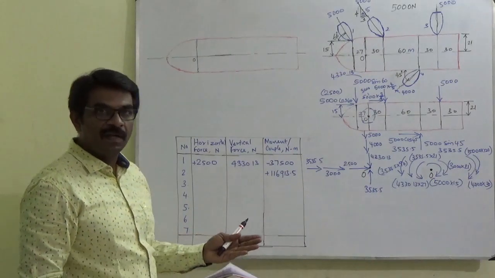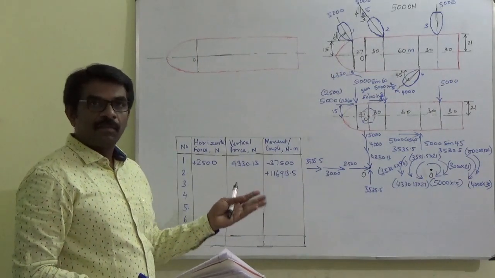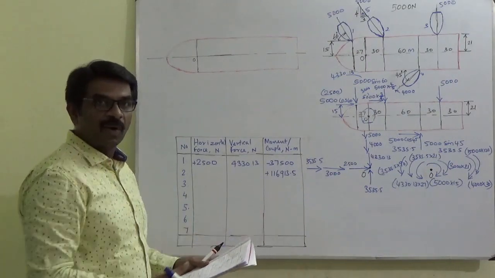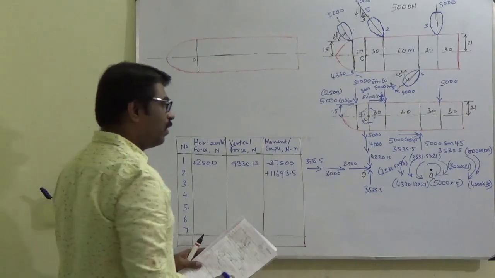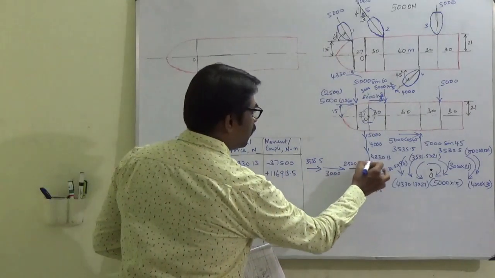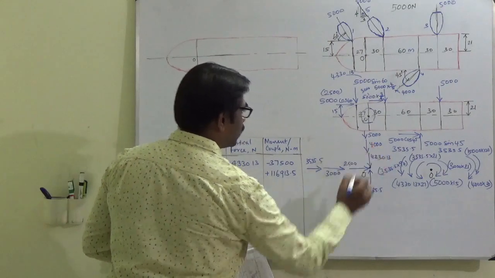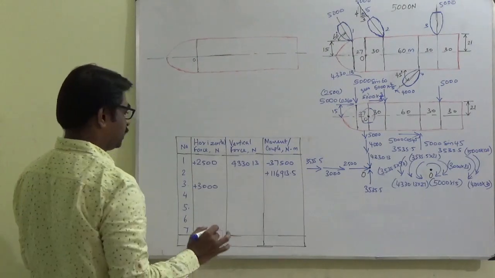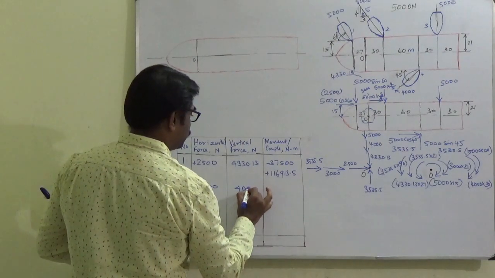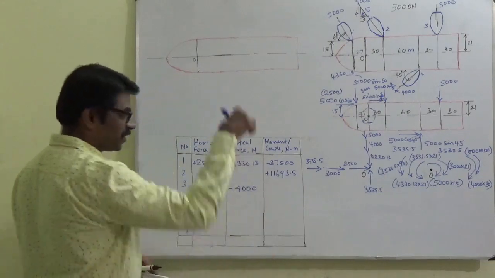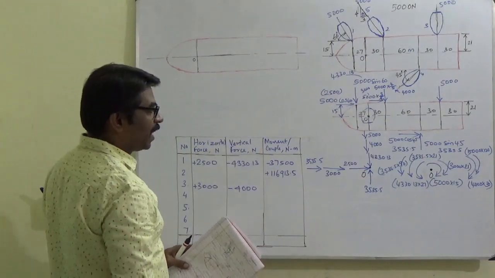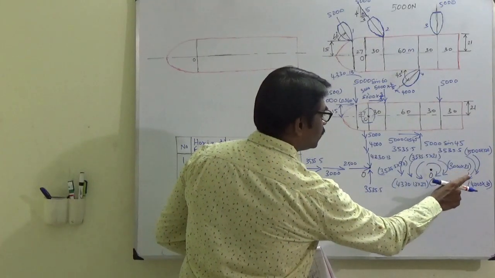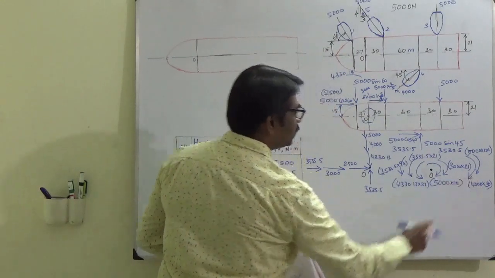You can use even kilonewton. You can calculate using kilonewton also. The values will be smaller ones, so that is also good. Okay, now the next forces are 3000 and 4000. So I am writing this 3000 plus and 4000 minus because downward is negative, and we have 3000 into 21 and 4000 into 30.